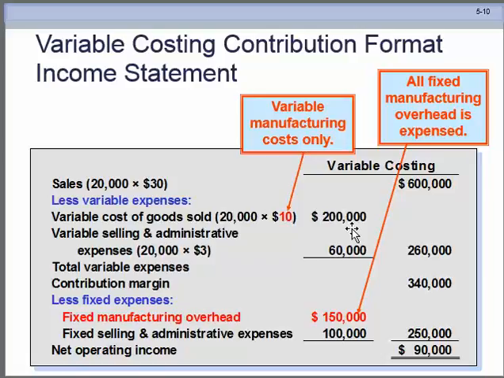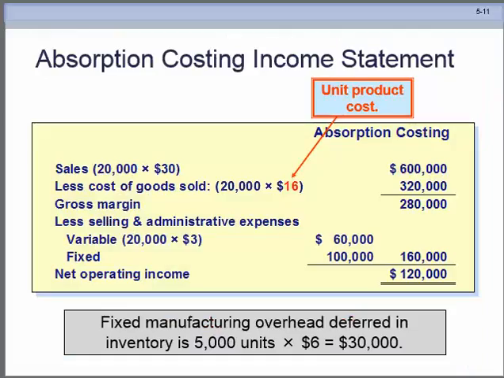So now we would put in our fixed manufacturing overhead and fixed selling and administrative expenses. It gives us a net operating income of $90,000. Remember, this is the internal method. Okay. Now, let's look at this from absorption or an external perspective. So here we have sales, again, of $600,000.